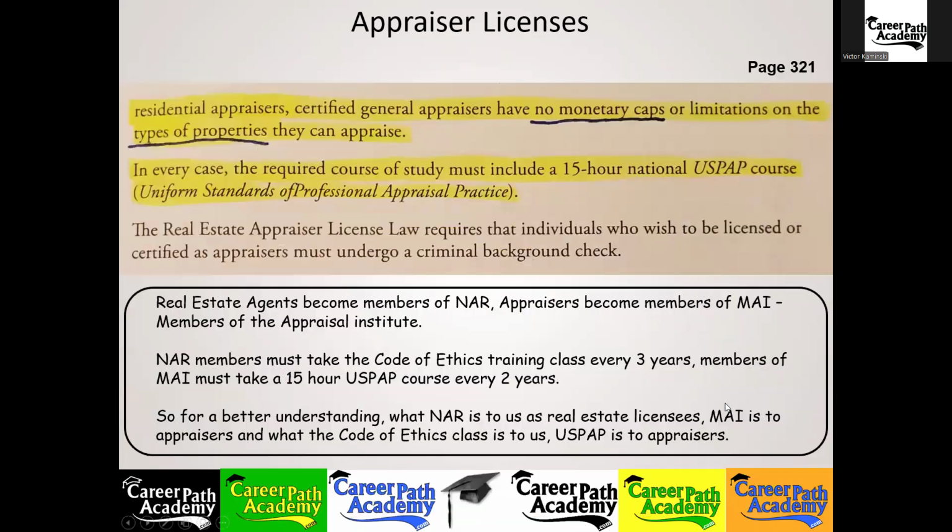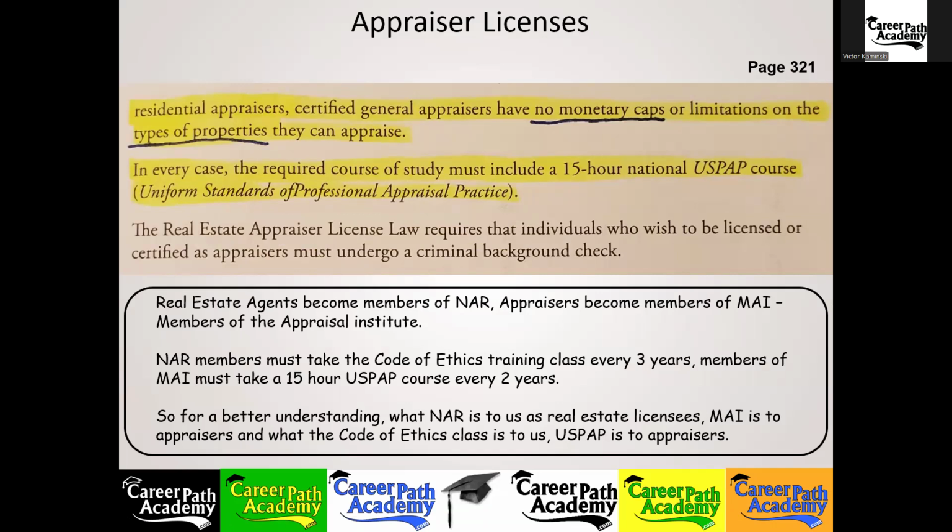So unlike a residential appraiser, certified general appraisers have no monetary caps or restrictions on the types of properties that they could appraise.